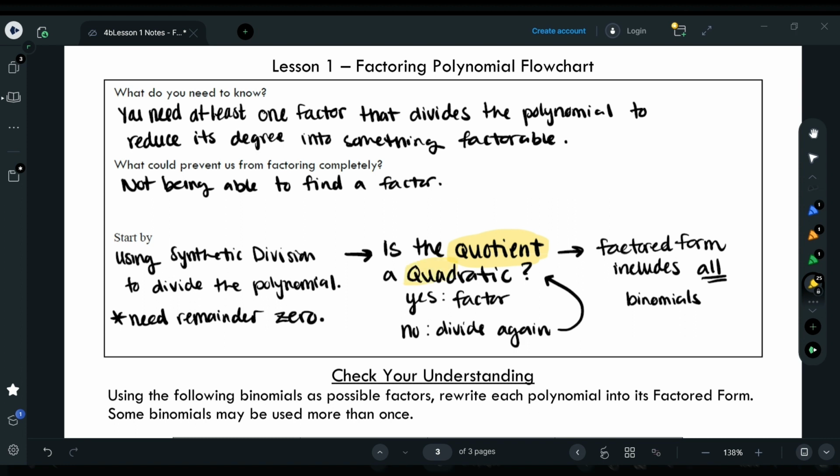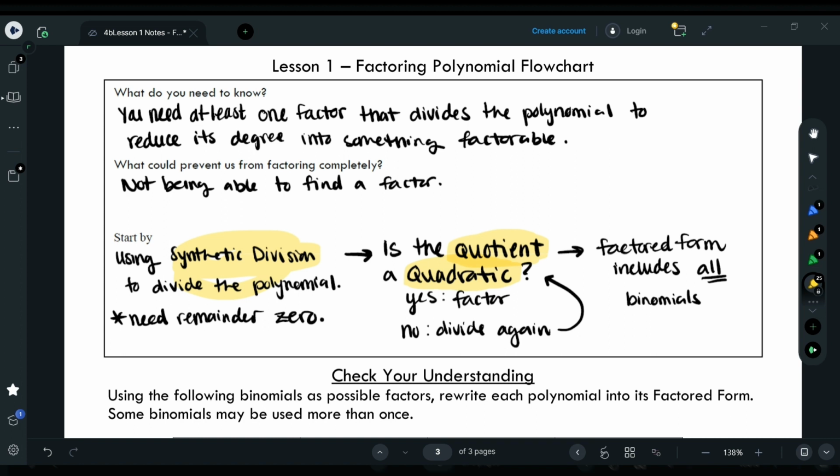If the quotient is a quadratic, then you can factor the quadratic using the methods that we've learned, namely bottoms up method. Okay, if the quotient is not a quadratic, maybe it's a degree 3, then you know what you're going to have to do is repeat this process using synthetic division. So you're going to have to do synthetic division again until you're left over with the quadratic.